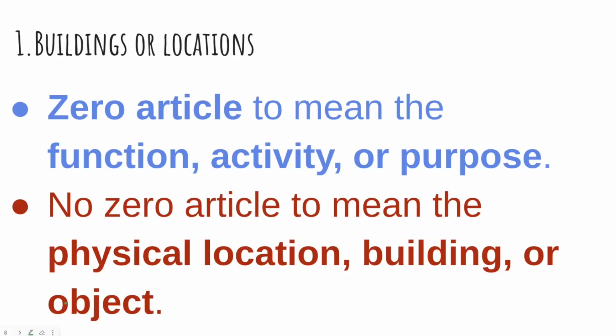But if we're talking about the same noun as a specific place or physical object, then we must use the. Here's the general rule. Use the zero article when the noun refers to the function, activity, or purpose. Use the when referring to the physical location, building, or object.